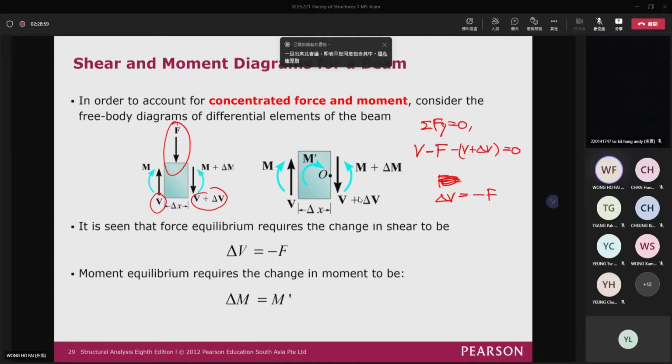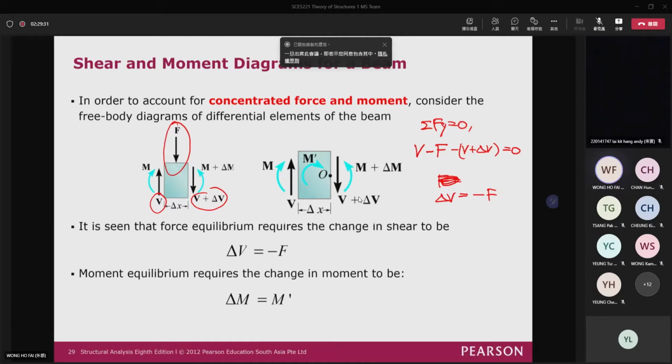So that means if you apply the load going downward, the change of the shear must also be a negative value. If your force is pointing upward, then the change of the shear will also be positive. So you will follow the direction of the applied force.